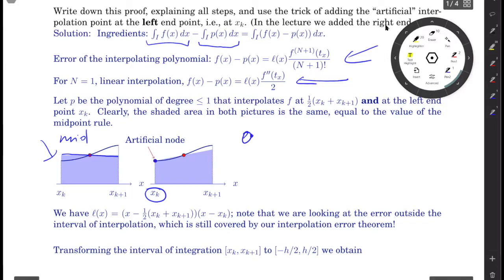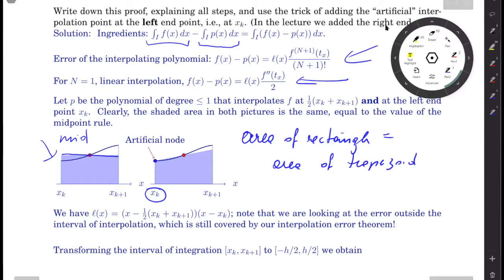The area of the rectangle equals the area of the trapezoid, and that is just because of the area formula for the trapezoid. Okay, so now this is our setup.